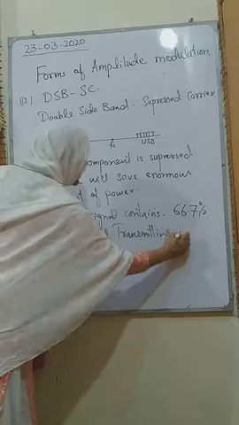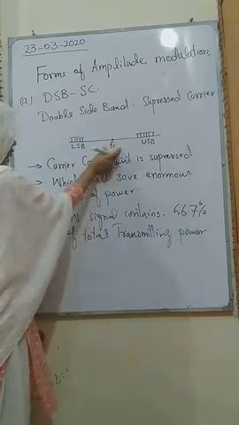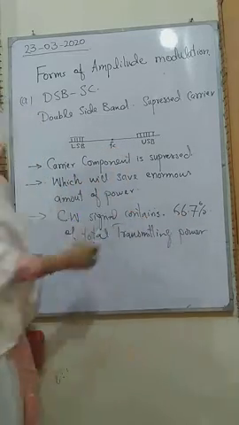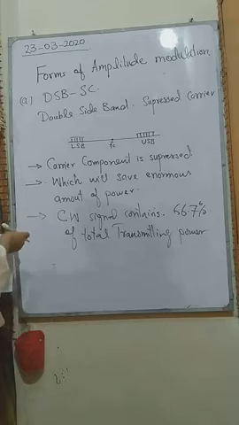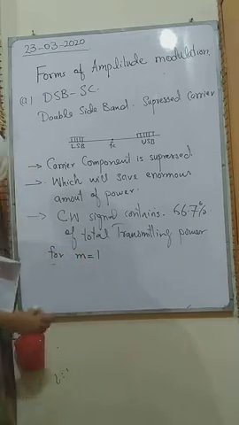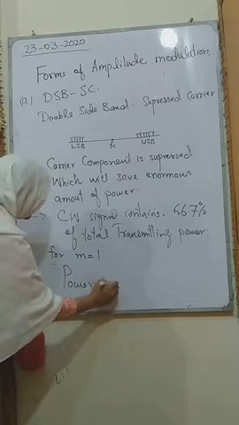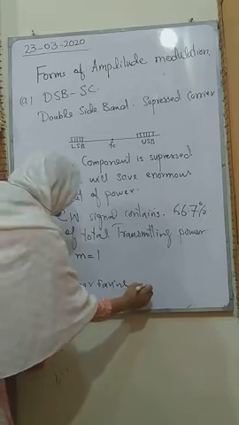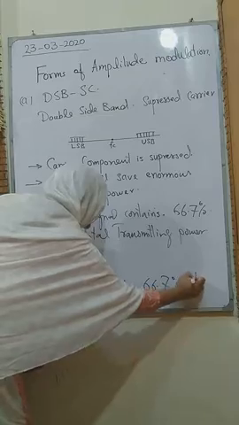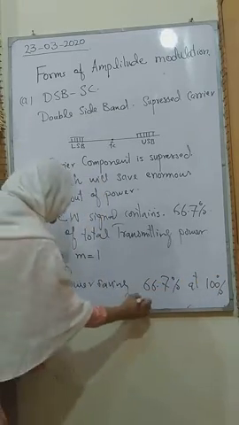By the removal of this component, we will save 66.7% power. So for m equal to 1, when the percentage modulation is 100%, the power saving will be 66.7%.